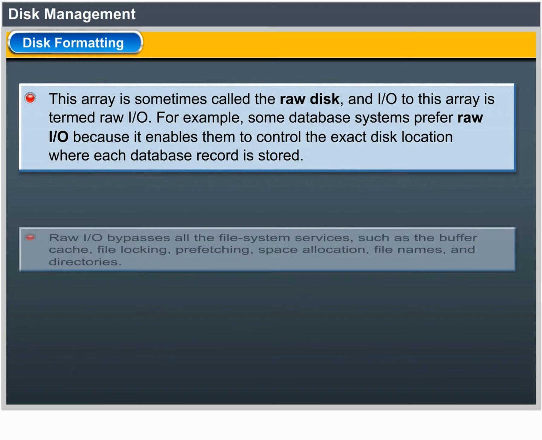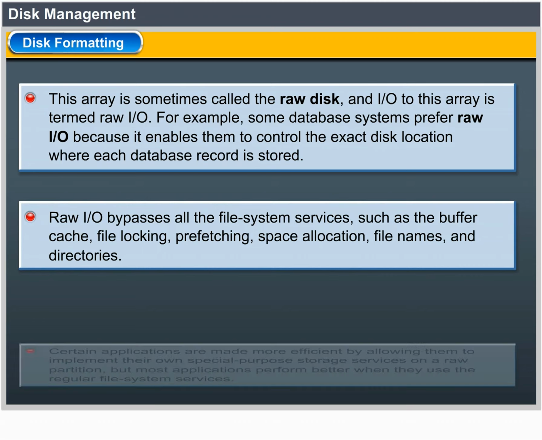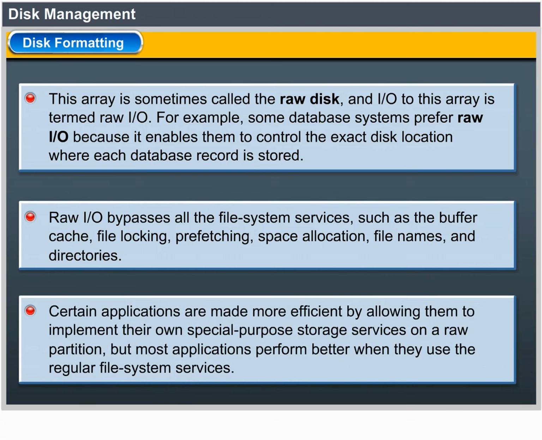Raw input-output bypasses all the file system services such as the buffer cache, file locking, prefetching, space allocation, file names, and directories. We can make certain applications more efficient by allowing them to implement their own special-purpose storage services on a raw partition, but most applications perform better when they use the regular file system services.